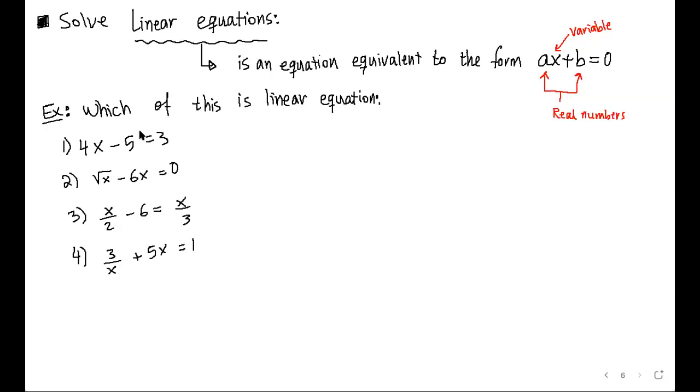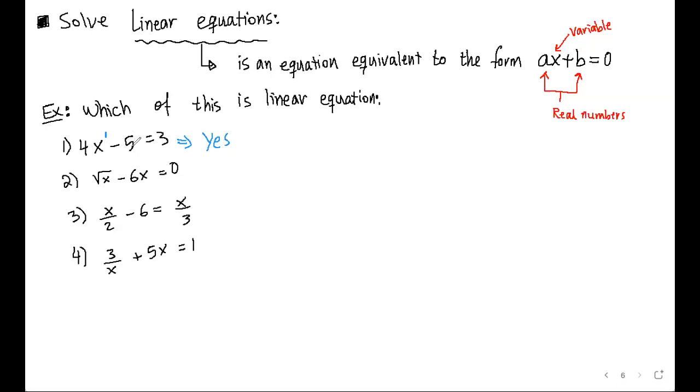Is it 1 or 0? Yes, it is linear, because the exponent for x is 1.